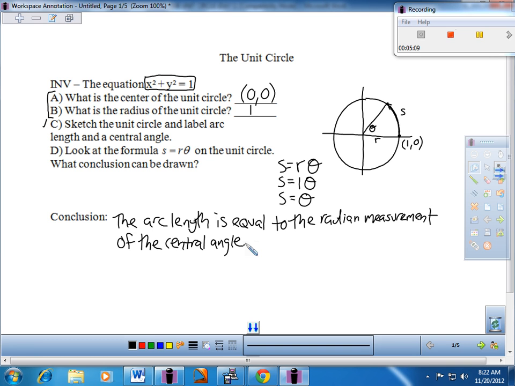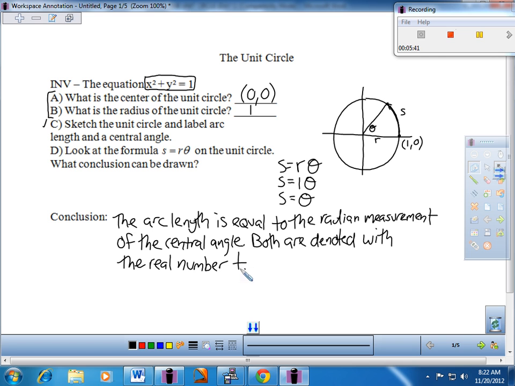So the arc length is equal to the radian measurement of the central angle, and now because they're the same, they're both actually going to be denoted with the same letter. So both are denoted with, and we'll see this as it can be any real number, the real number t.